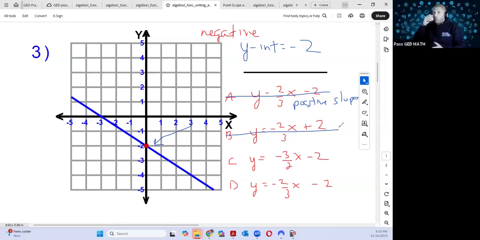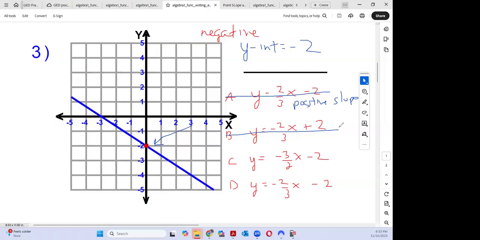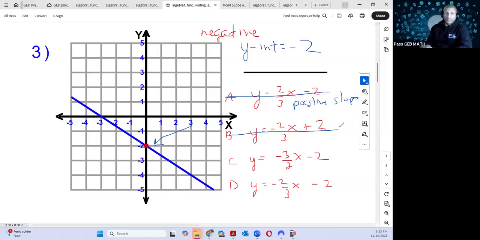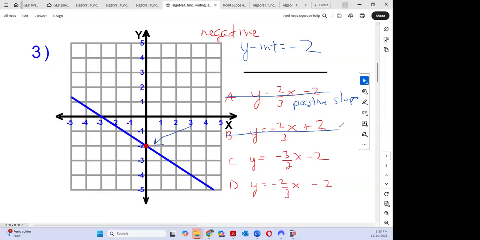It can't be A. We know the y-intercept is negative 2, so it can't be B because on B, the y-intercept is positive 2. So right away, those are the ones you should have been able to get rid of, A and B. Now, even if you weren't 100% sure, we've got a 50-50 chance, because you should be able to visualize and know whether the slope is positive or negative.